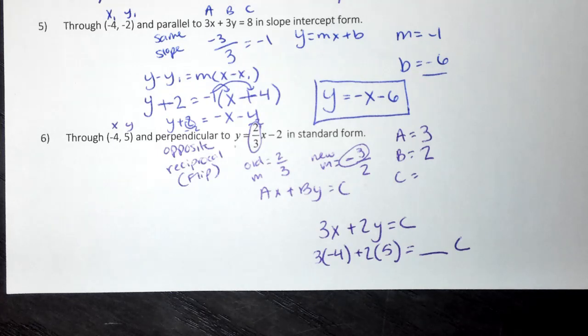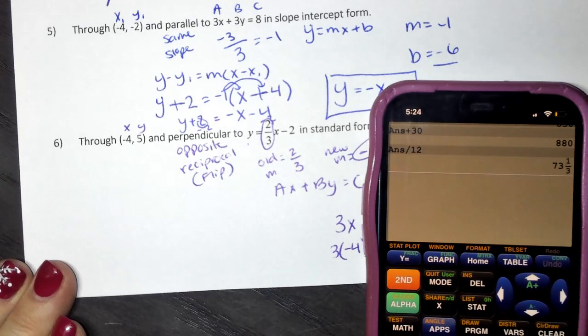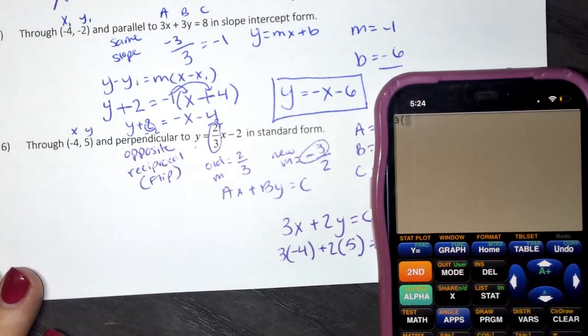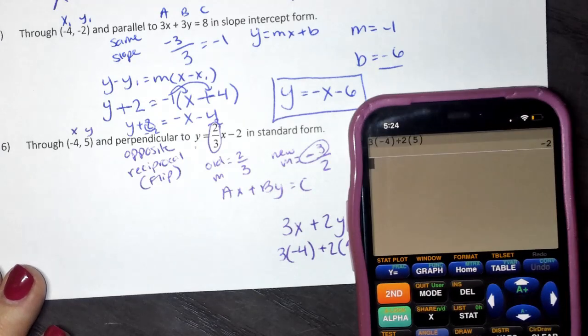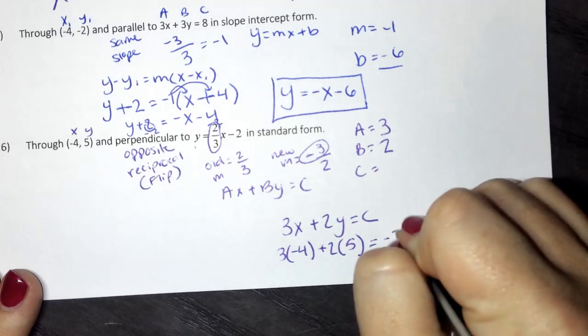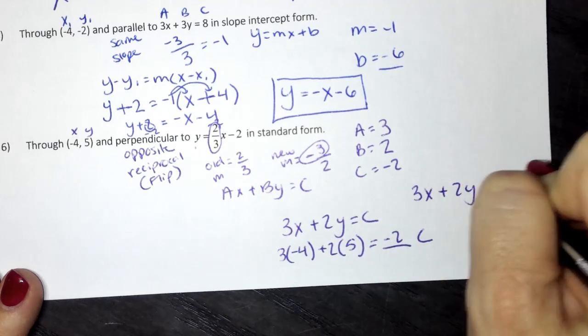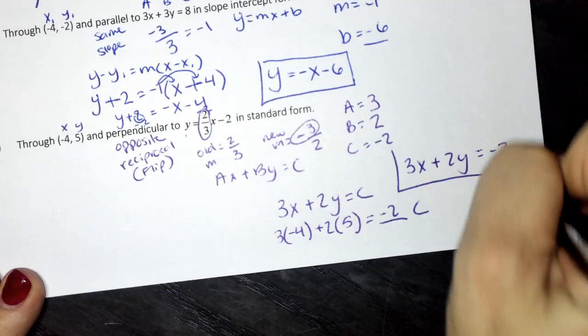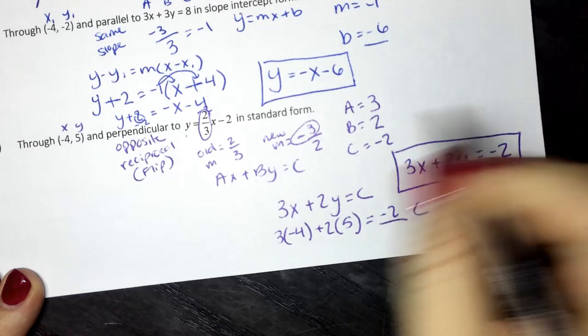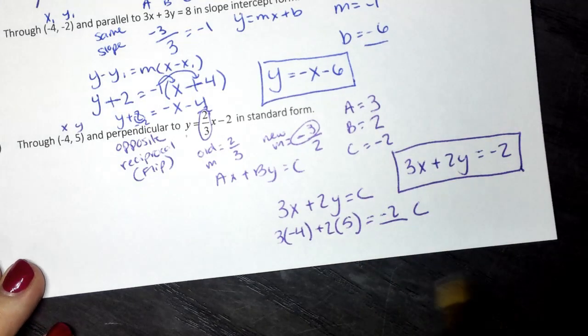I do have a graphing calculator app. So I'm going to type that in, 3 parentheses -4 plus 2 parentheses 5, and that gives me -2. So c is -2. So my answer is 3x plus 2y equals -2. And remember, a is not allowed to be negative, so if a was negative, I would have to make everything opposite, but that's only if a is negative.